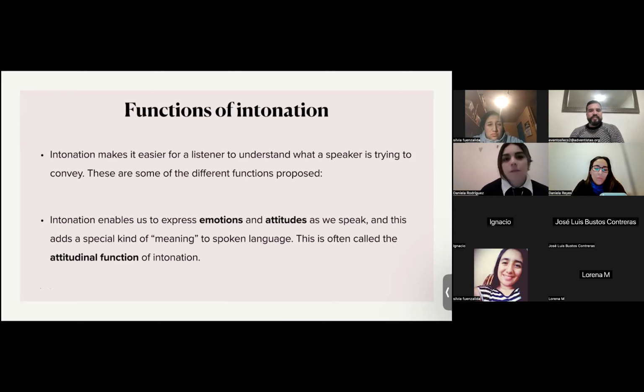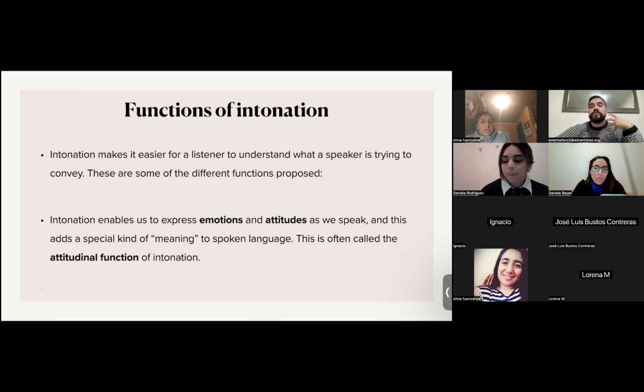So those languages are quite complicated because you need to add the correct or accurate tone based on what you want to express. And sometimes the tone changes the meaning of the words.